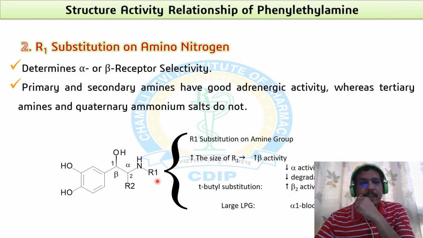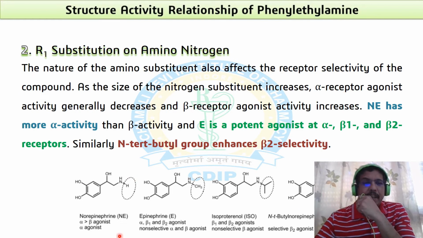If we go further beyond that and take a larger lipophilic group, then the compound gives alpha 1 blocking activity as well as beta non-selective blocking activity. So we take them.